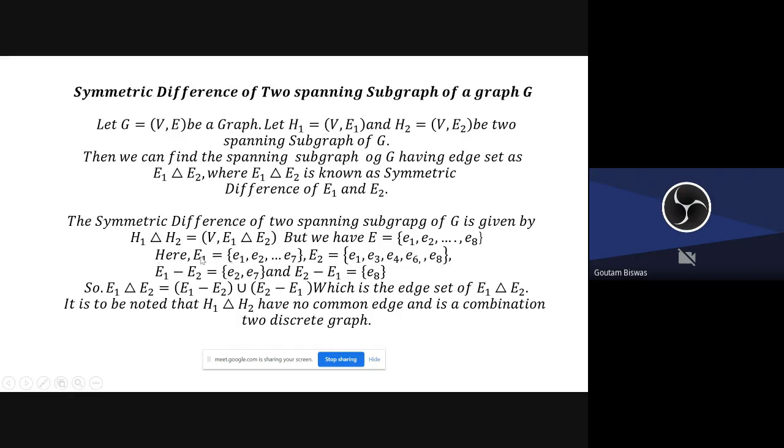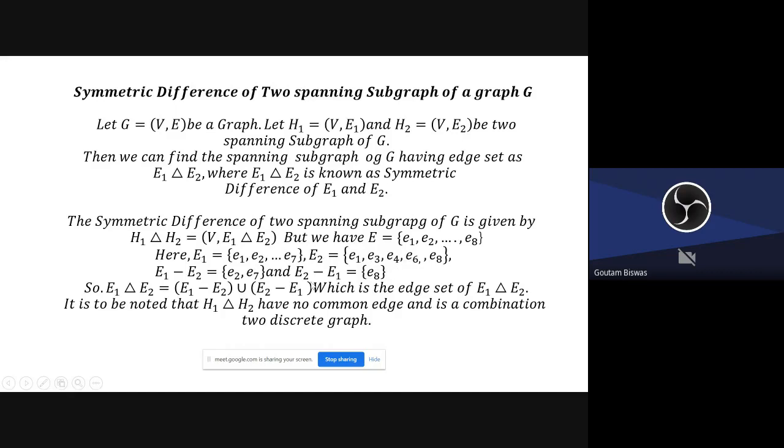Now in E1 minus E2, E1 is preferred, and in E2 minus E1, E2 is preferred. If an element is in both, omit it. But if it is here and not here, keep this one. And E7 is here, keep this one, and omit the rest.